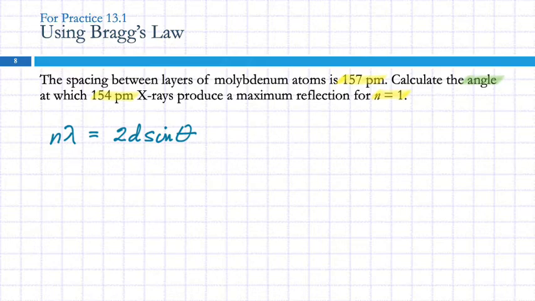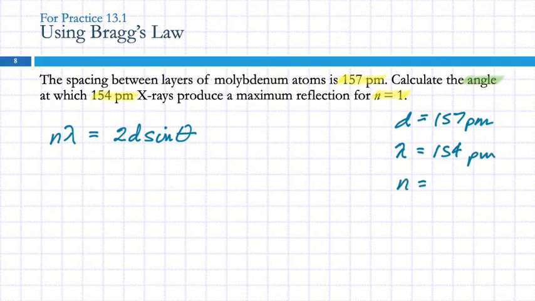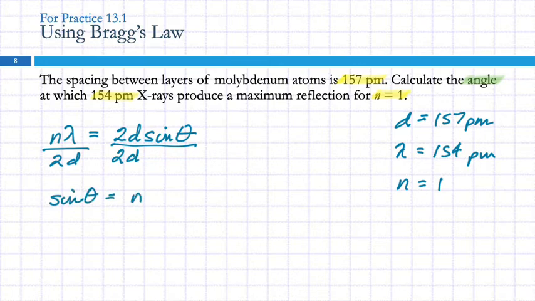So let's just identify those things. The distance between the layers is d, that's 157 picometers. The lambda is the wavelength of the X-rays, 154 picometers. n is equal to 1, and we're solving for theta. So we would need to rearrange this equation. Well, we can divide both sides by 2d and get the sine of theta is equal to n lambda over 2 times d.